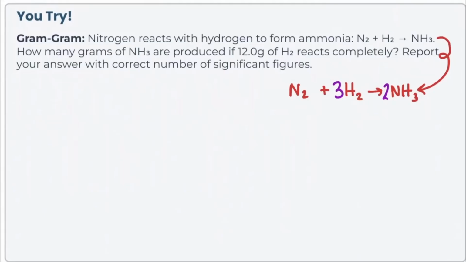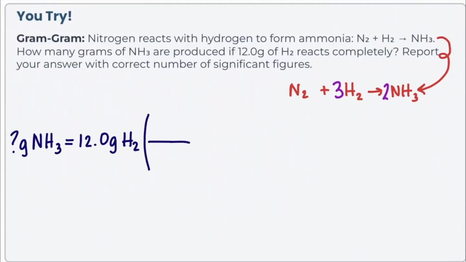First, start with what we're being asked. How many grams of ammonia are in 12.0 grams of hydrogen? And exactly like the last problem we just did, we need to first convert from grams of hydrogen to moles of hydrogen using the molar mass of hydrogen.